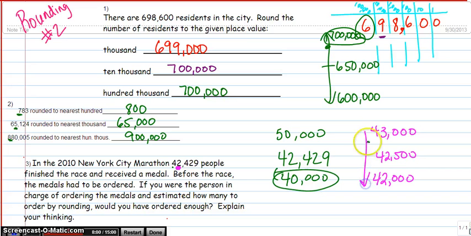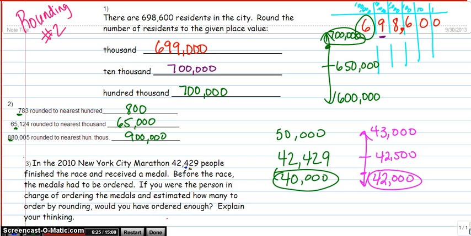My number, 42,429, goes about here. Again, I round down to 42,000. That's closer, but I'm still missing 429 people. I feel like that's too many people that would not receive a medal. And they're working really hard on that race. So I'm going to round one more time.